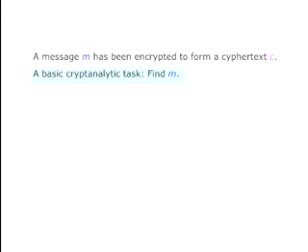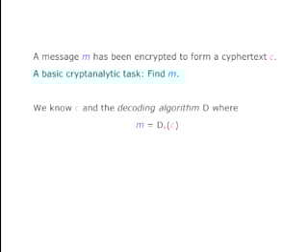One of the basic computational tasks of cryptanalysis comes up when we know the cryptographic system that was used by the writer of an encrypted message, but we don't know the key that they used for that session. We know the decoding algorithm, but not the key that would make it decode the ciphertext correctly.